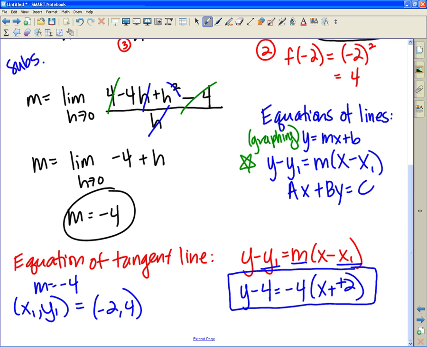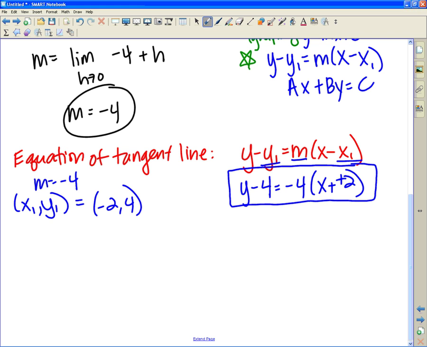Let's go ahead and solve for y so that we can graph it. Y minus 4 equals negative 4x minus 8. I distributed, and then the last step would be add 4. So y equals negative 4x minus 4. Either one of these are acceptable answers.